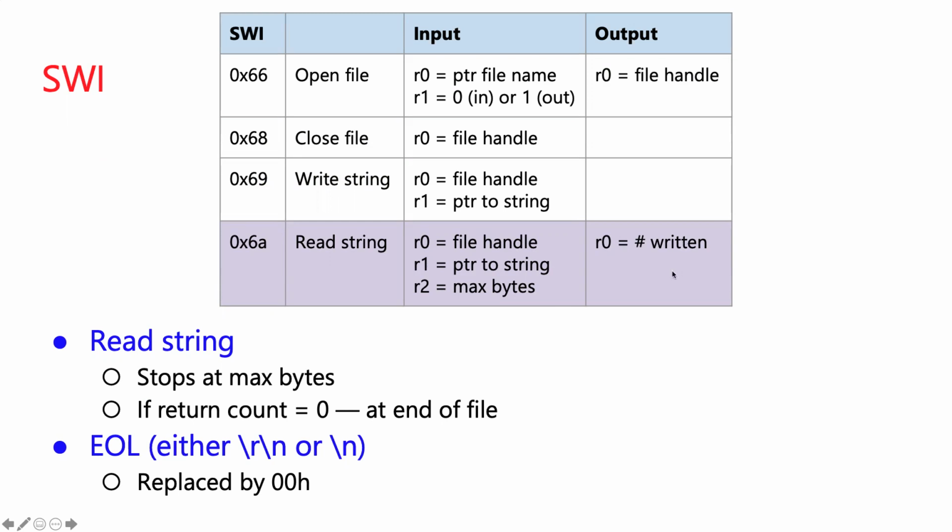Here it says number written, but I'm sure that's the number copied into your buffer, how much you successfully read. This call will read a line of text. So it reads up until either Windows style or Unix style line termination, and it puts a null terminator at the end. So for a line of text, you get a null terminated string.